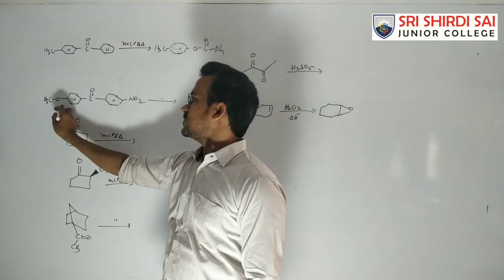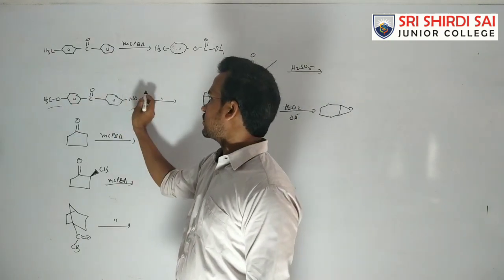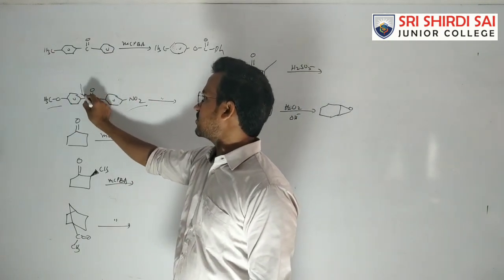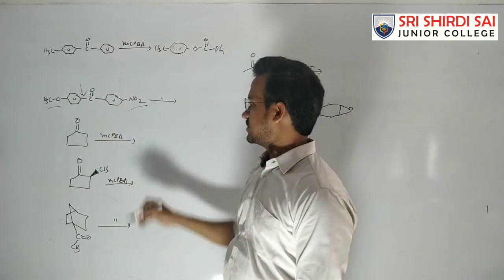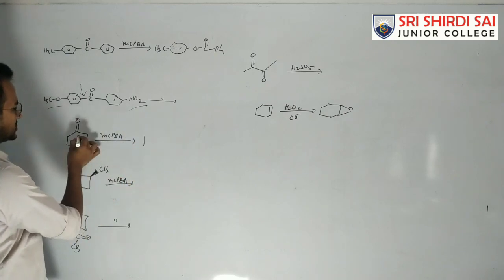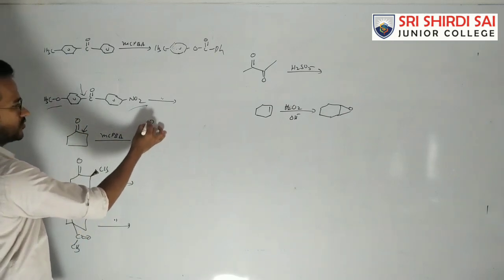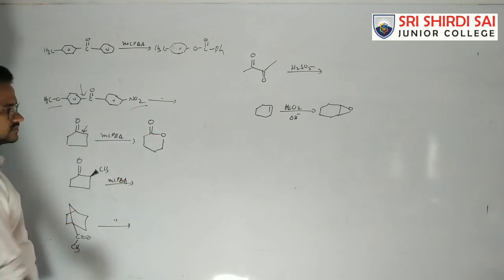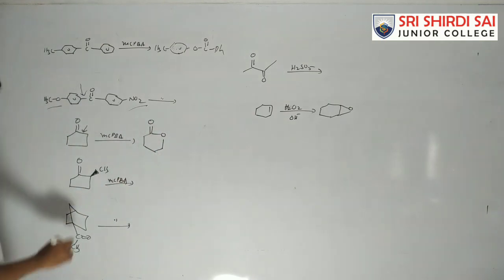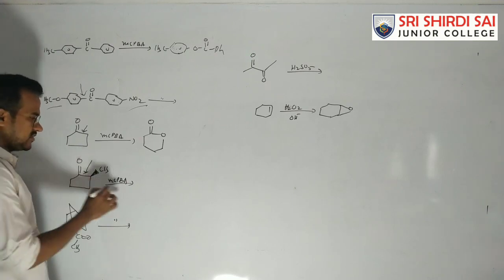In this case here, OCH3 and NO2, which is the better migrating group? So insertion of oxygen takes place between these two. Okay, write the product. And in this case, there is a 5-membered ring, so insertion of oxygen on either side gives double bond O, oxygen, and this. Now in this case, it is a secondary and it is a tertiary, so insertion of oxygen takes place between these two.